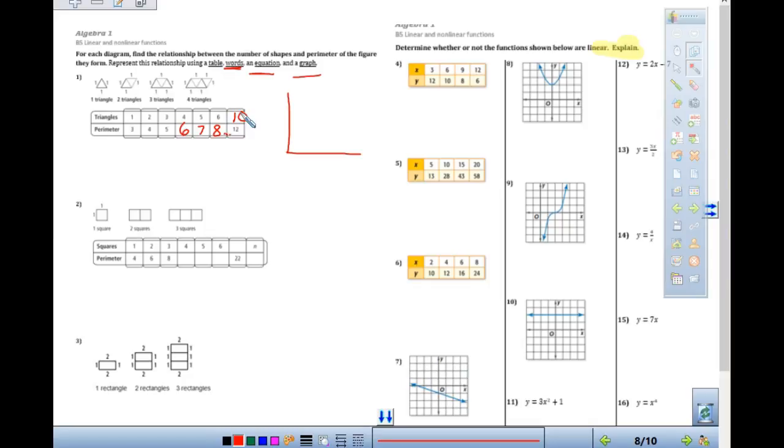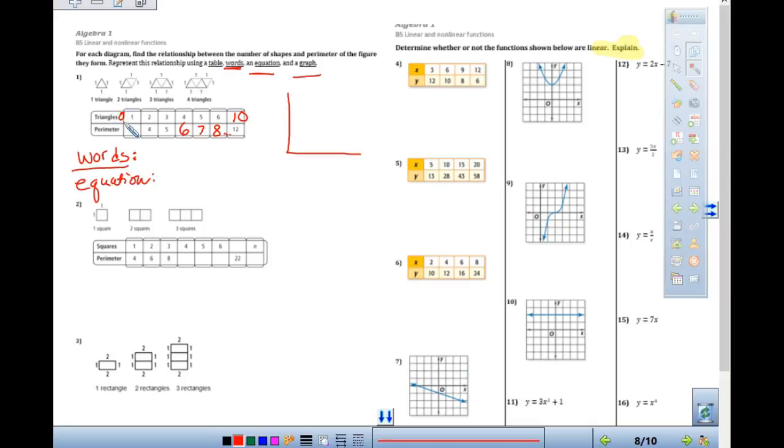We now want to write it in words. So in words, what's happening to our picture? Each time we increase by 1 triangle, what happened? The perimeter goes up by how much? 1. So the perimeter is increasing by 1 for each triangle, but how is it related to the number above? So, equation. When you look at that equation, you might want to think of what's the 0.